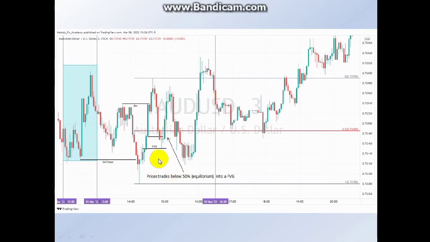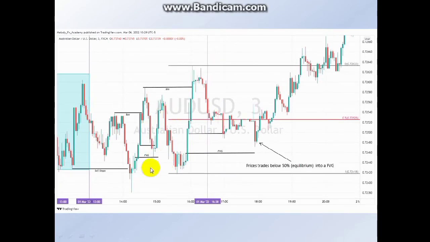Now let's say you missed this first entry. We are still on the 3-minute time frame. Let's say you were not able to get this whole move, or you got in right here and price went straight back down.